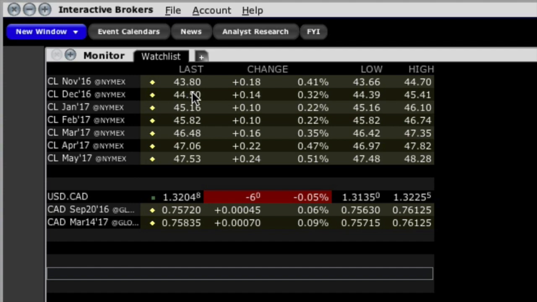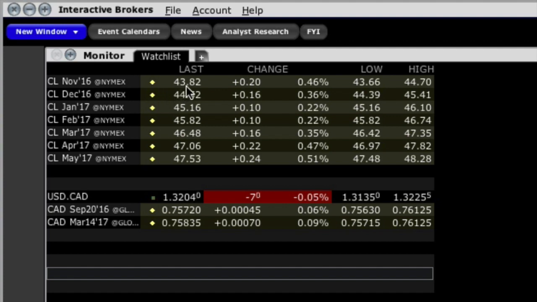Think about a futures contract like buying a share of stock. Let's say you buy stock at $20 a share. If it goes up to $25 a share, are you making money? Yeah. At $25, does it change the fact that you bought the shares at $20? No. Once you buy at $20, you bought at $20 no matter where the price goes. It's the same with the futures contract.